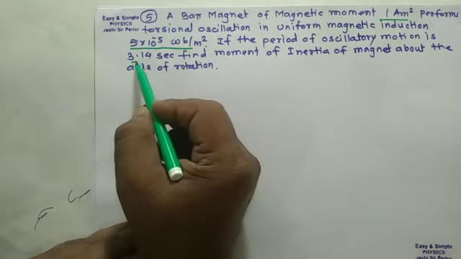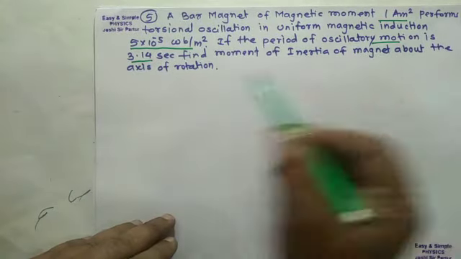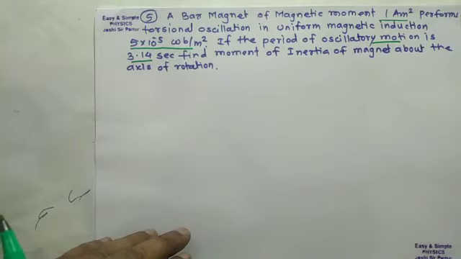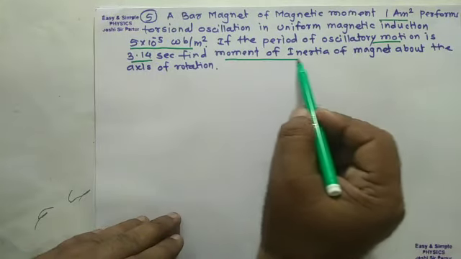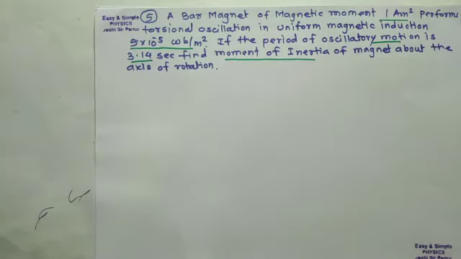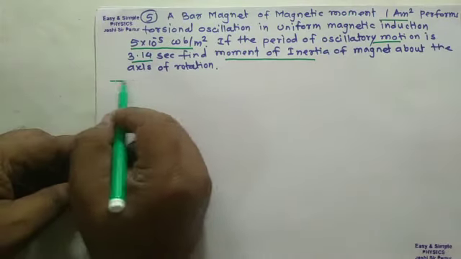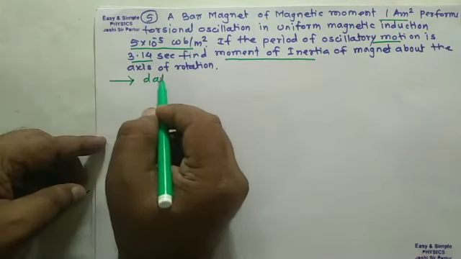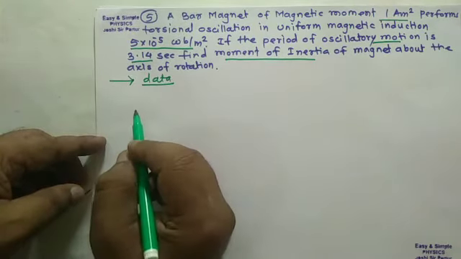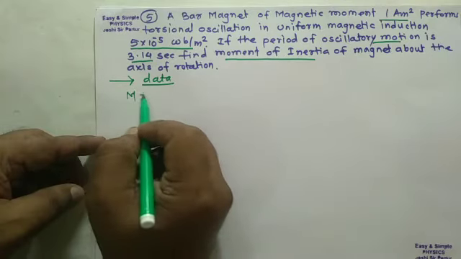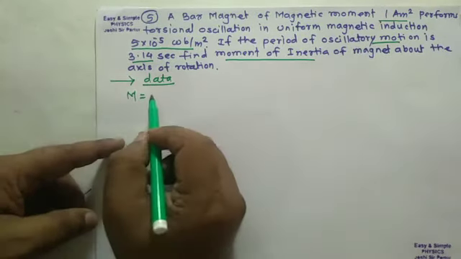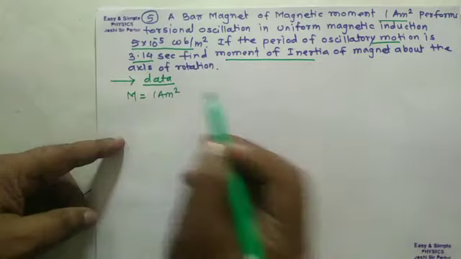Here period is given as 3.14 and moment of inertia can be calculated. So we can write the data. Here capital M, that is magnetic moment, has value 1 ampere meter square.